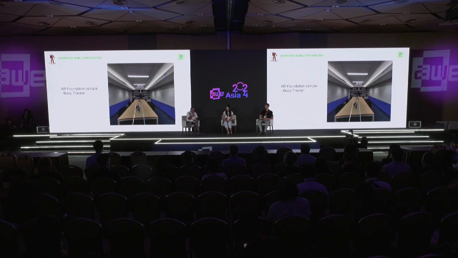One of the features that we have that supports AR Foundation is a body tracker. This is separate hardware that we provide, and it basically sits on your arms and legs and allows you to track your body. Now, AR Foundation has a sample that only works on ARKit, the ARKit body tracking example.